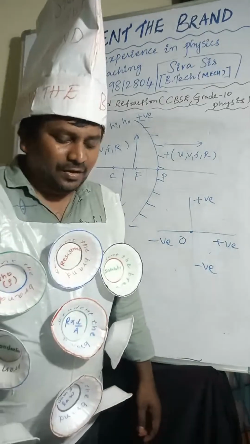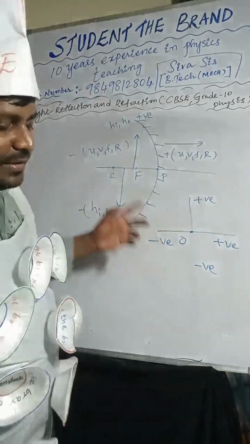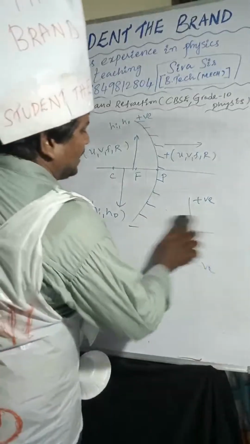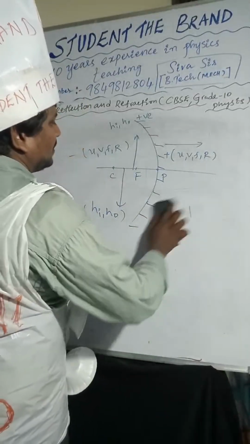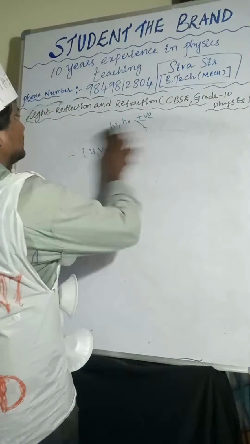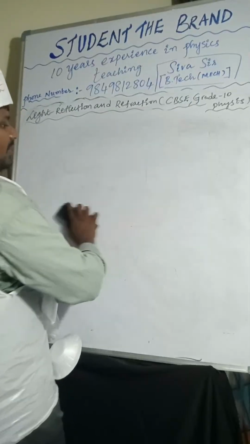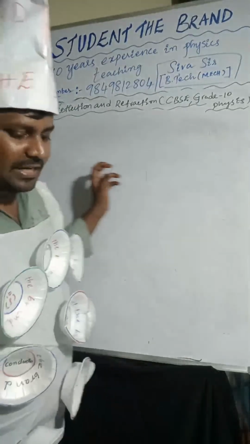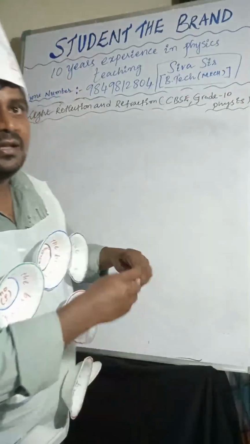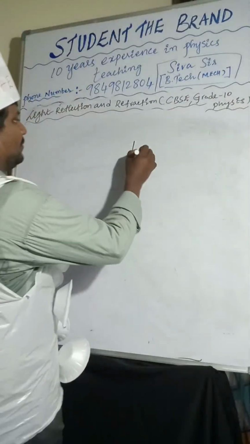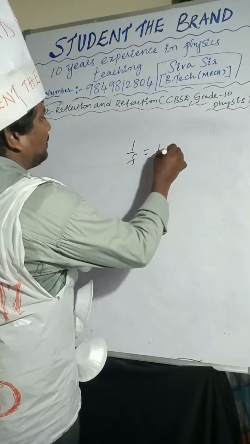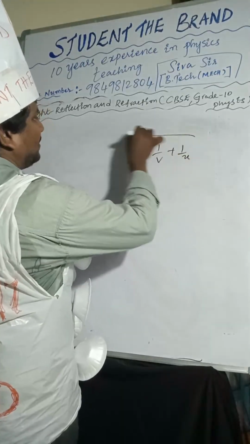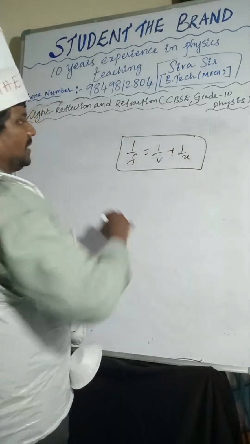Okay, so I hope it is very clear. So now we are going to the next one, mirror formula and magnification. Mirror formula: 1 by f equal to 1 by v plus 1 by u.